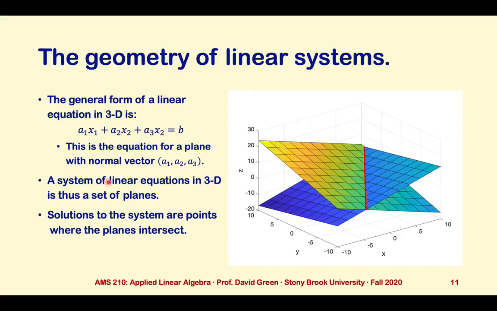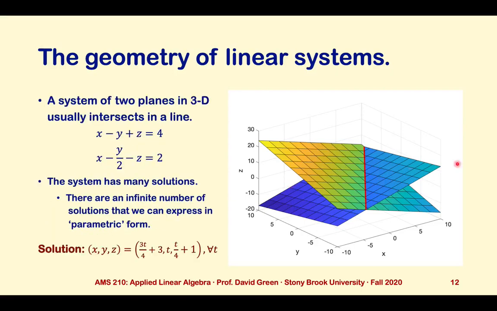So if one linear equation in 3D is a plane, then a system of linear equations is a set of planes, and the solutions to that system are points that are on both planes or all of the planes at the same time. And again, these are intersections. The two planes that I have shown here correspond to the two three-dimensional linear equations written here.